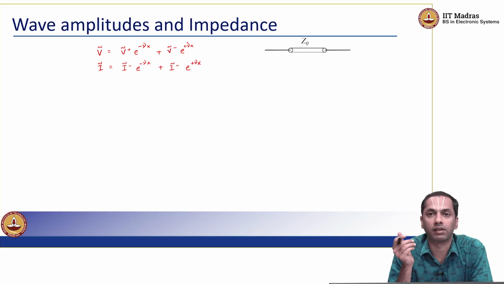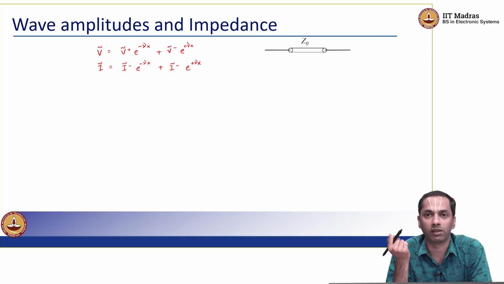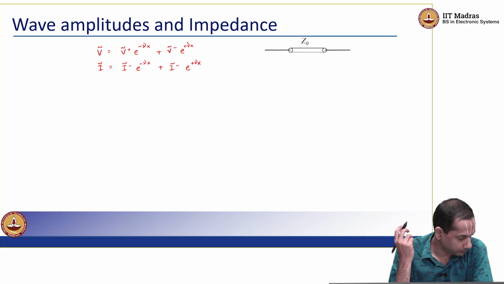Now, the question is, in the time domain we had something called the characteristic wave impedance. So, we will try to estimate what that is.